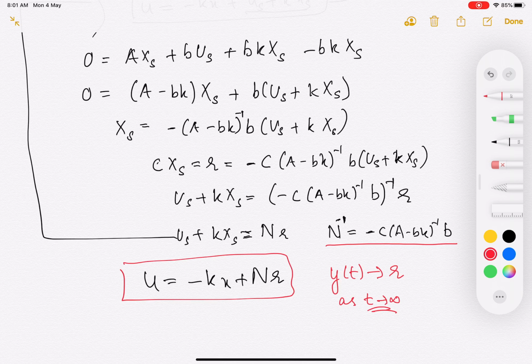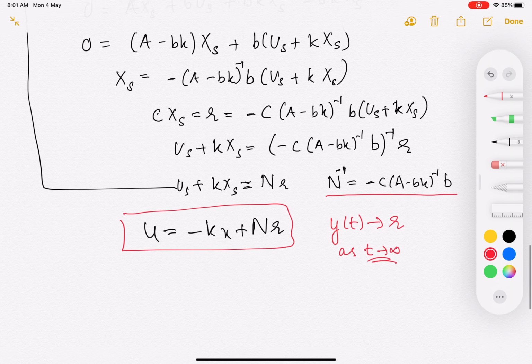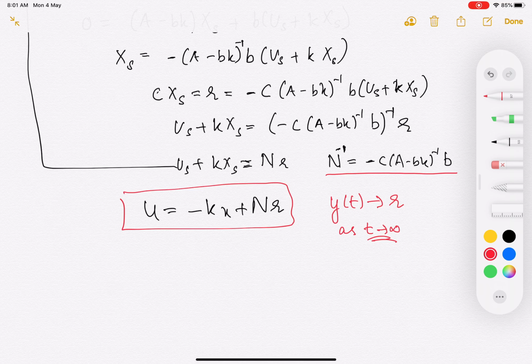So basically you have added one more term to the state feedback law, and if you look at the shape that it is going to have, you have this system x dot is equal to ax plus bu.